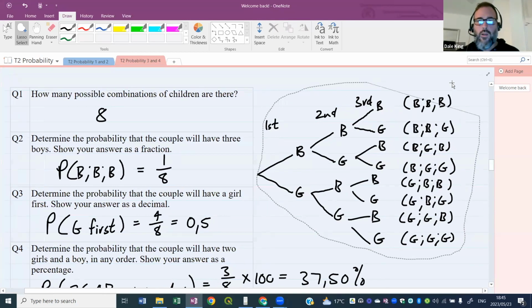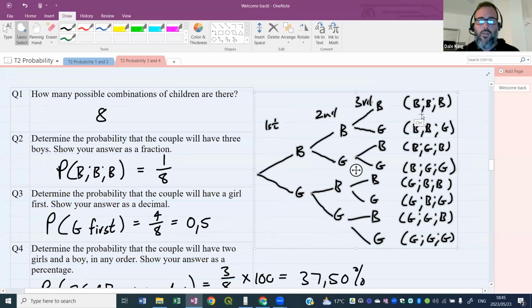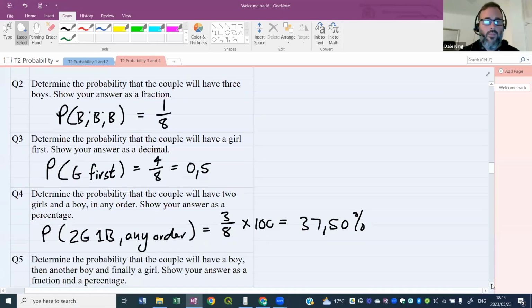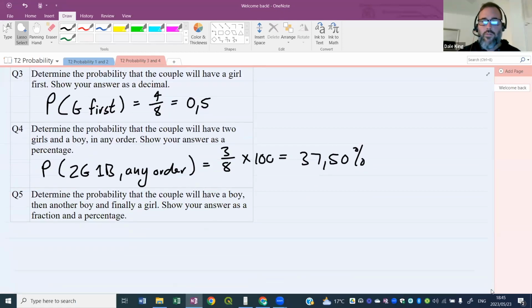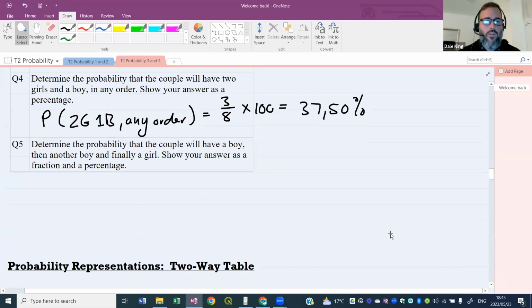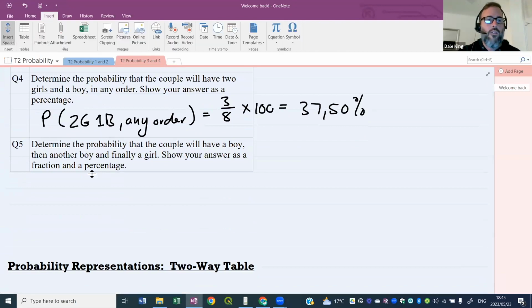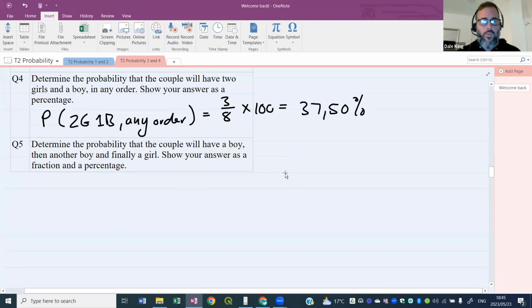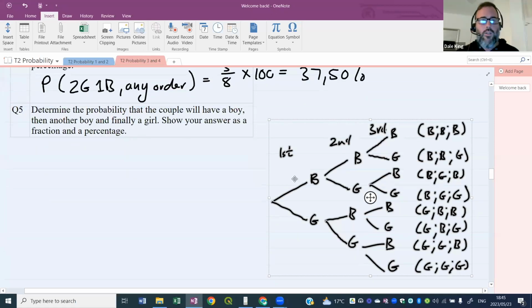Bear with me while I bring down the diagram. Here's question 5. Let's read it all together.